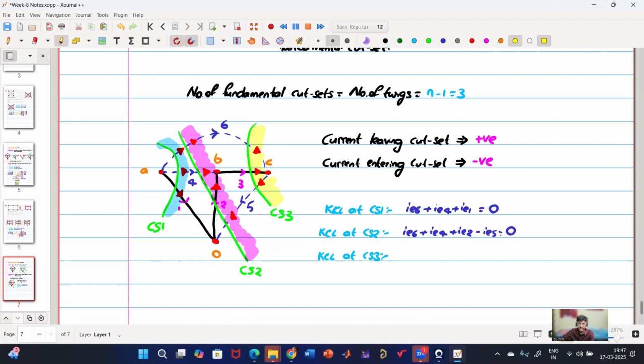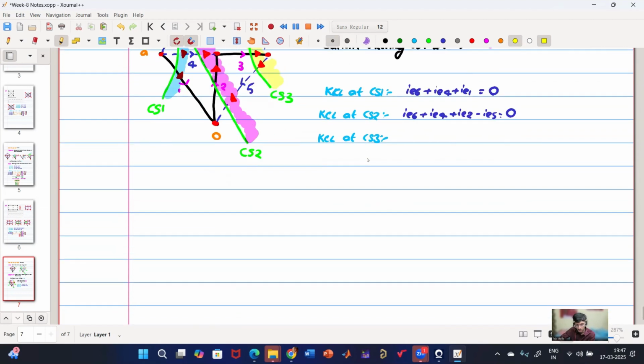You should consider the right side of the cut set. No, not the right side. You should consider that region of the cut set where the twig currents will have positive, like you have to consider that side of the cut set where twig current is leaving the cut set.